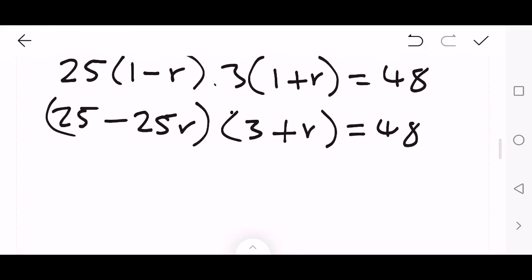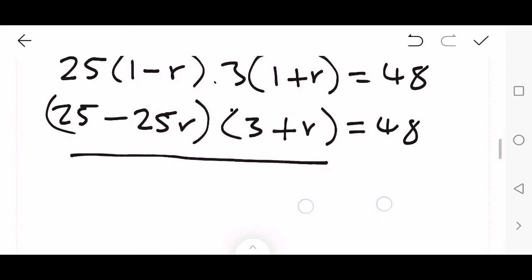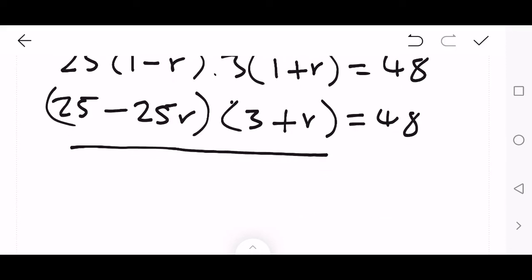So now here we have a difference of 2 squares, so we can just multiply. So 25 times 3, that will be plus 75.